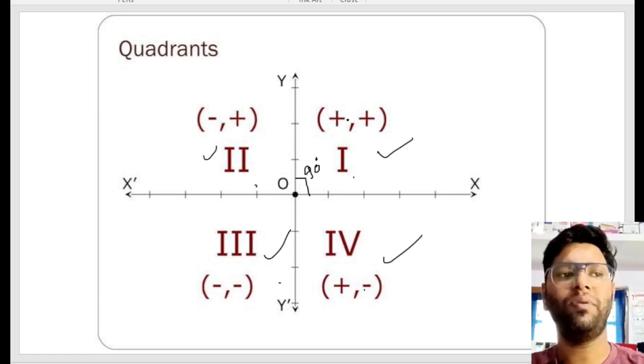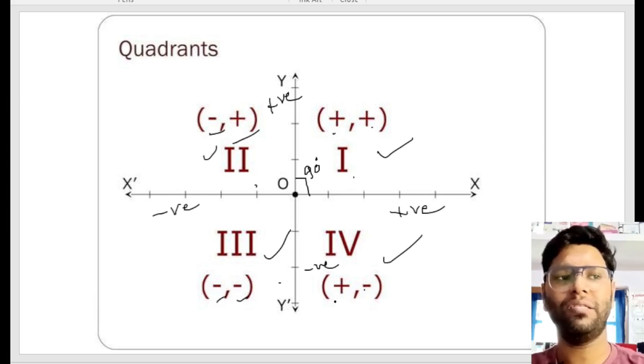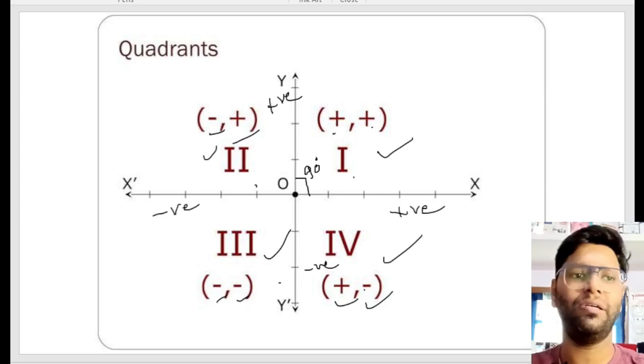So what is this plus plus denoting? Because this is the positive side of the x-axis and this is also the positive side of the y-axis. So all the points lying in the first quadrant will be of the form plus plus. Similarly, this side is the negative x-axis, so minus plus, and here both are negative, so minus minus, and here plus minus. I hope you have understood this, right?